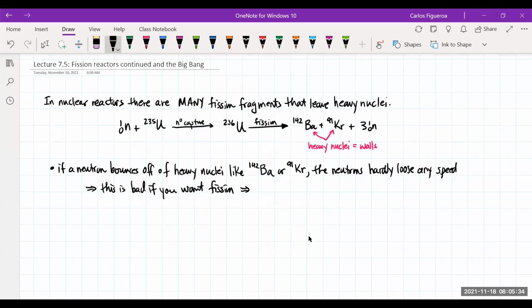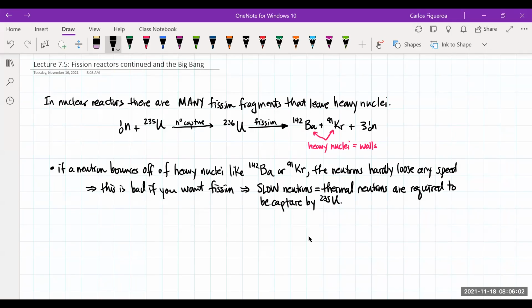Fission implies here is that you want slow neutrons, and slow neutrons are what we call thermal neutrons, are required to be captured by 235 uranium.